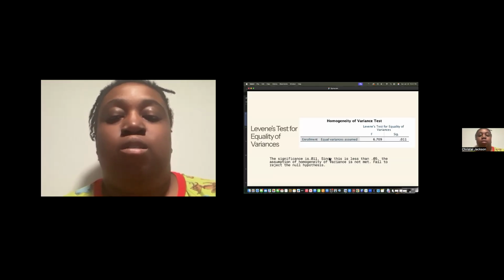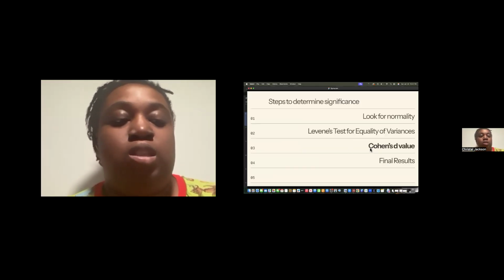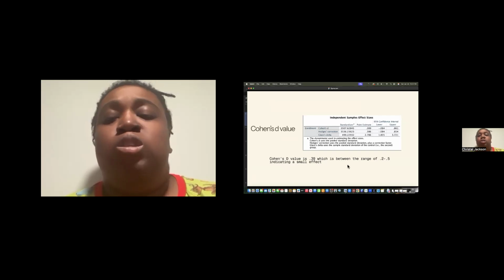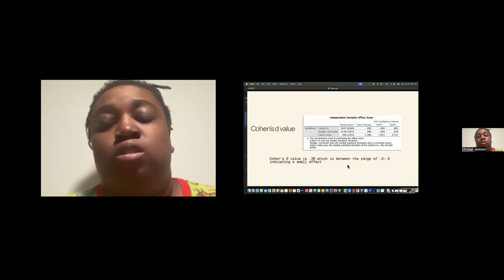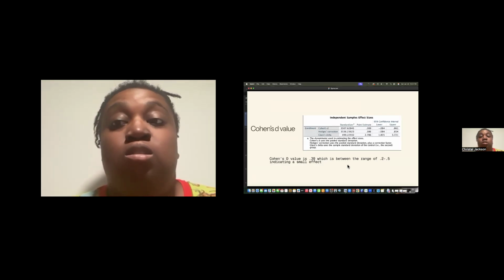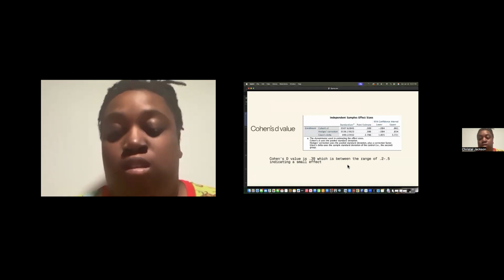The last value that we are going to look at is Cohen's d-value. For this data, Cohen's d-value is 0.39, which is between the ranges of 0.2 and 0.5, indicating a small effect.